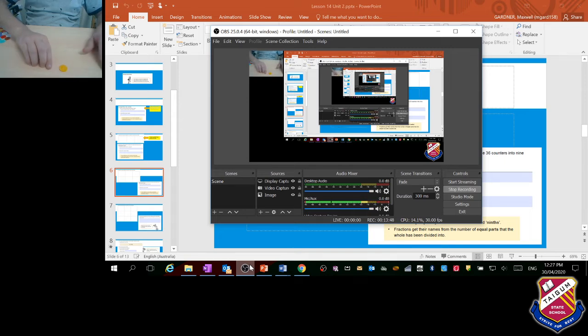I just need to check that all the groups are in fact visible. Hopefully you can see these. I'm going to put one group here, one group here, one group here. That's 1, 2, 3, 4, 5, 6, 7, 8, and one group down here. Okay, so now I've got 9 groups.